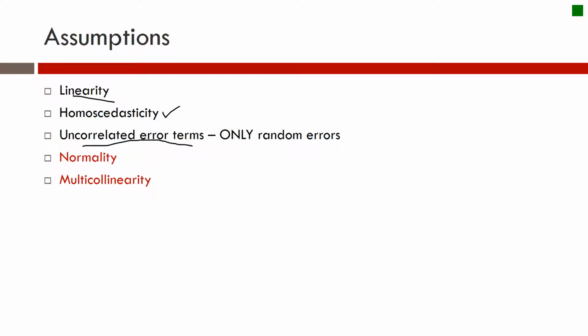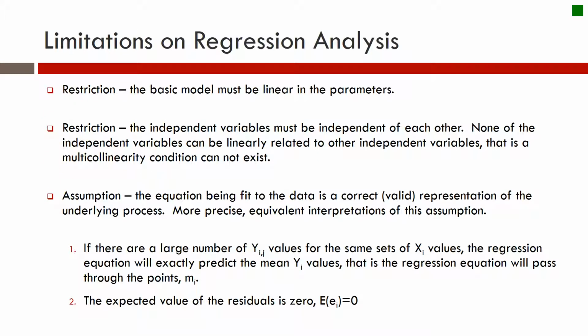And linearity is something to look for. The things we spend a lot of time in the analysis doing is just checking normality and then verifying or addressing issues of multicollinearity. So when independent variables share variance, when they correlate together a lot, then we lose our ability to interpret the relative importance of those independent variables.